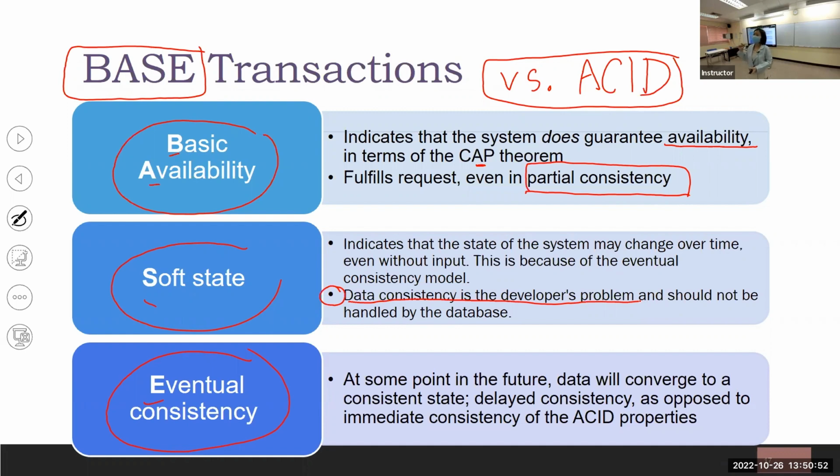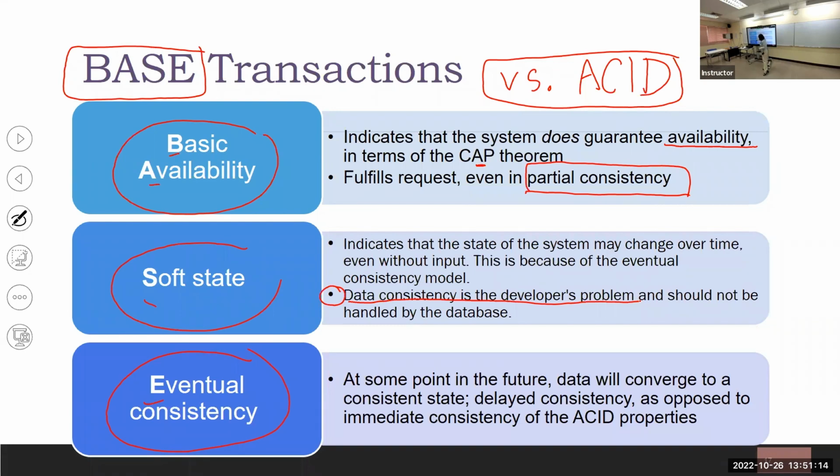Then it is the job of the developer to write code that makes sure to achieve data consistency at a certain level according to the application requirements. Okay.